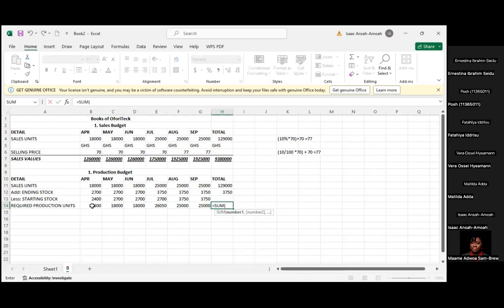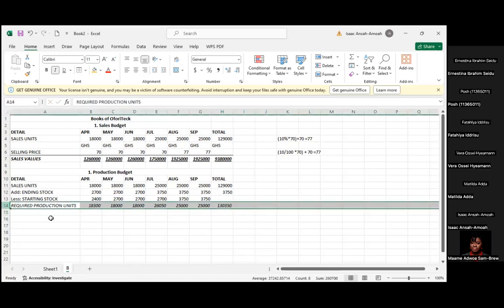Okay. So this becomes the total required production unit. We can highlight this in this color just to indicate that it is very relevant.